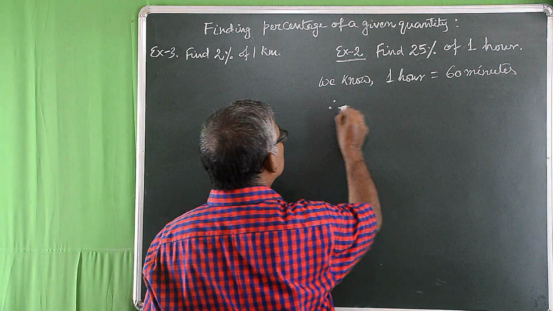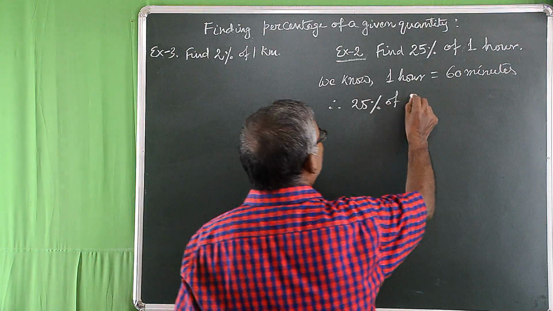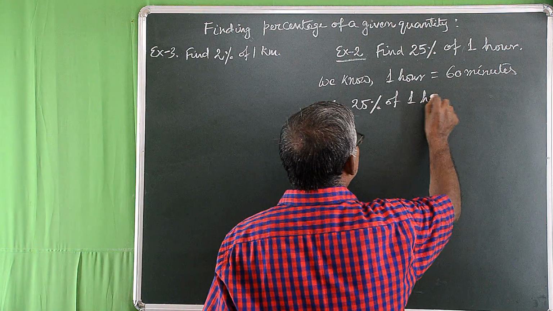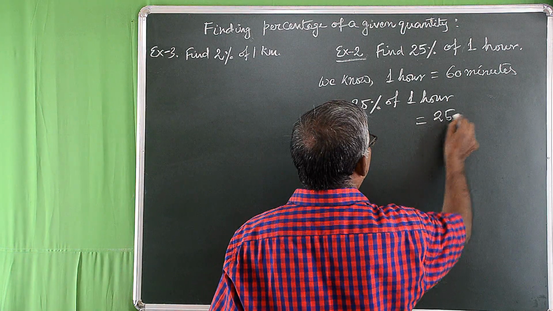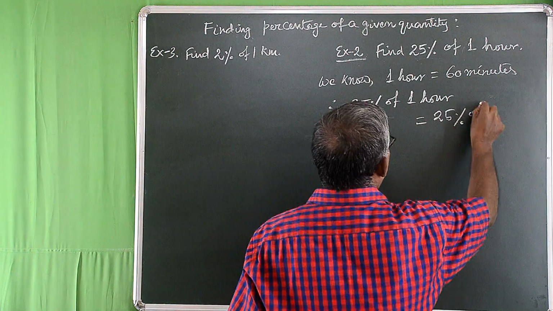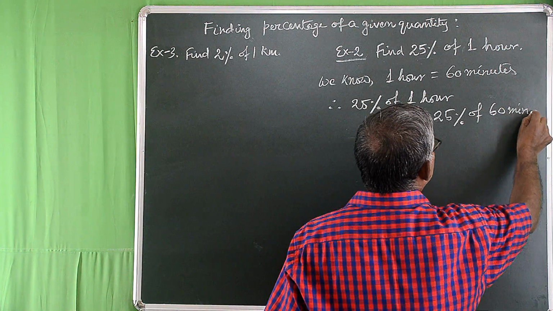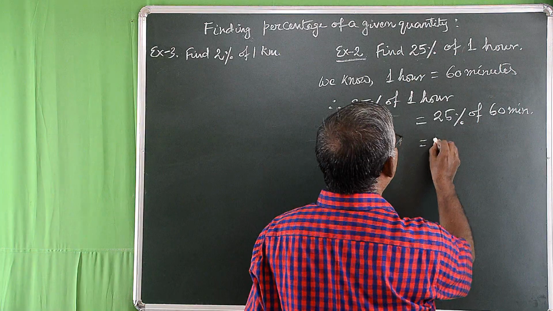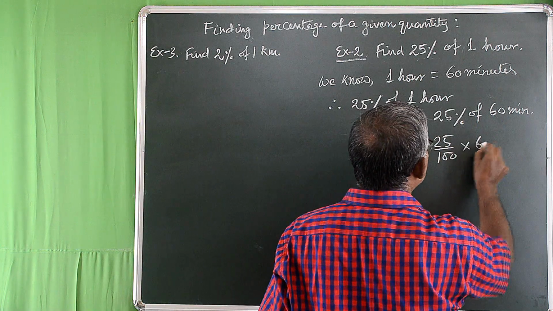Therefore, 25% of 1 hour equals 25% of 60 minutes, equals 25 by 100 into 60 minutes.